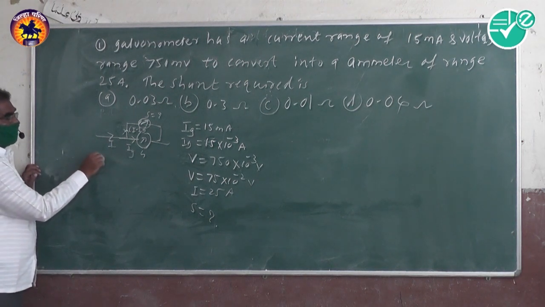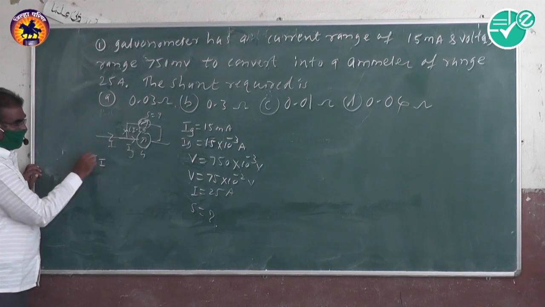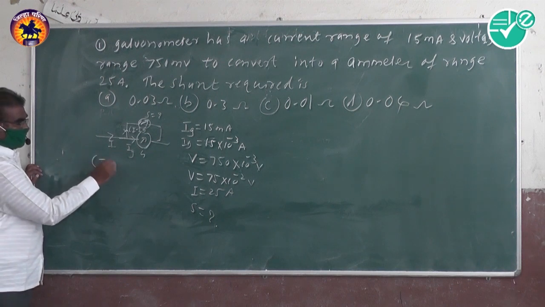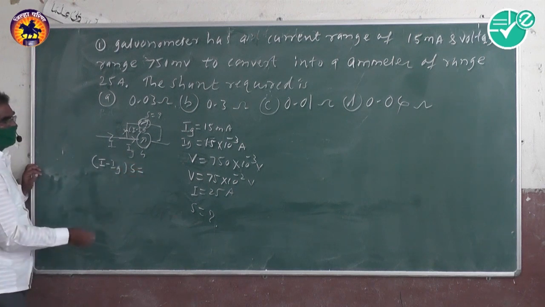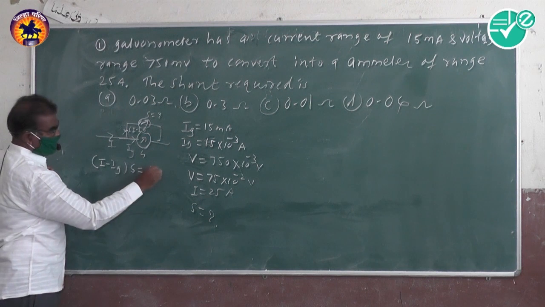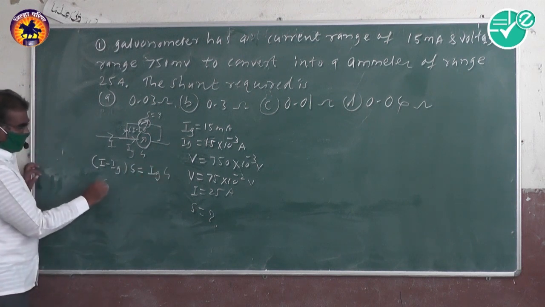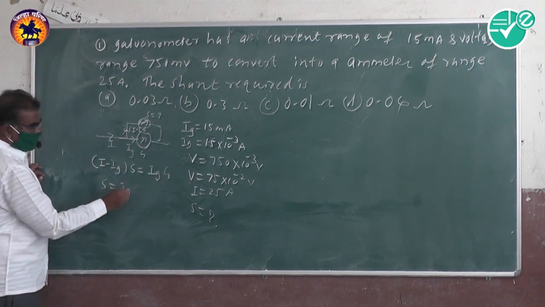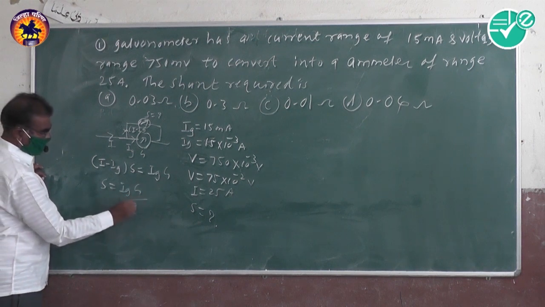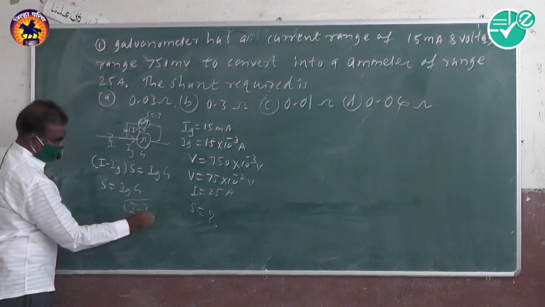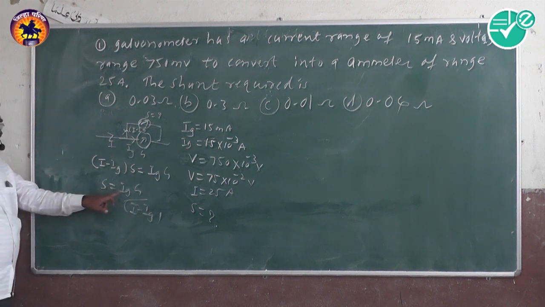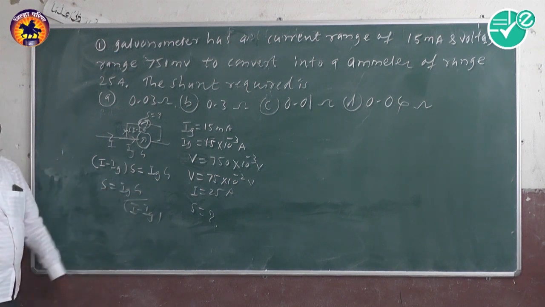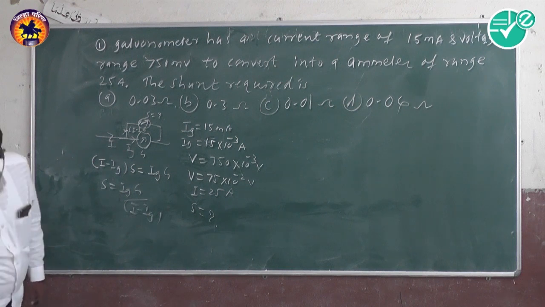That is Ig into G equals I minus Ig into S, or S equal to Ig G divided by I minus Ig.